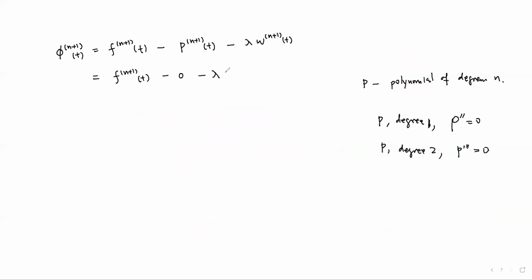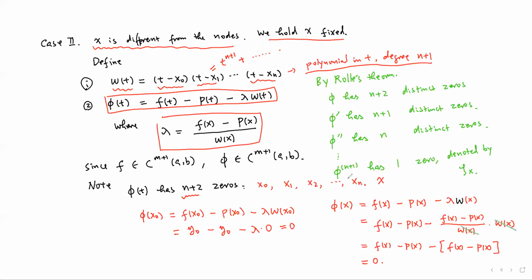Then the result is n plus 1 factorial. Now after I compute the derivative of phi n plus 1 times, plug in psi(x) for t.